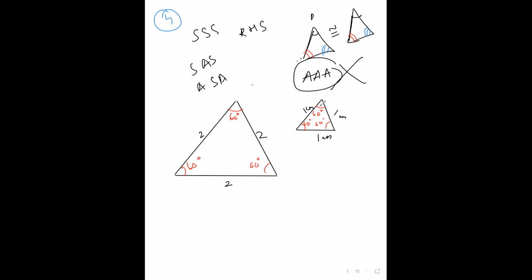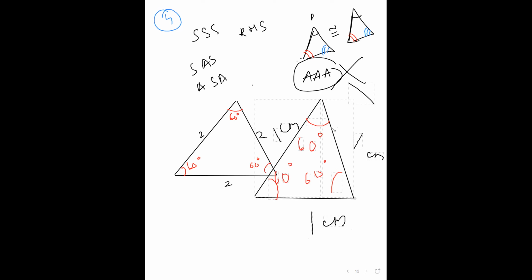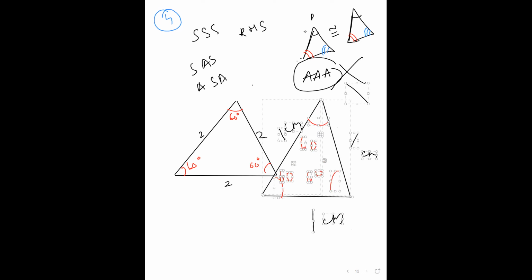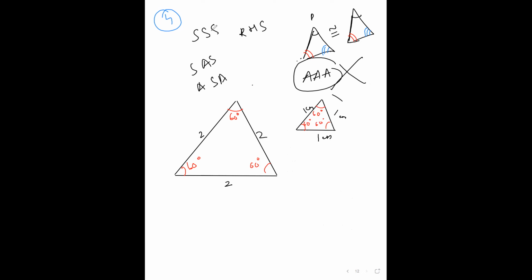Because if you take this triangle and expand it, like this, the angles are still the same, but the side length has changed. So it's not congruent. For it to be congruent, you need to have at least one side.